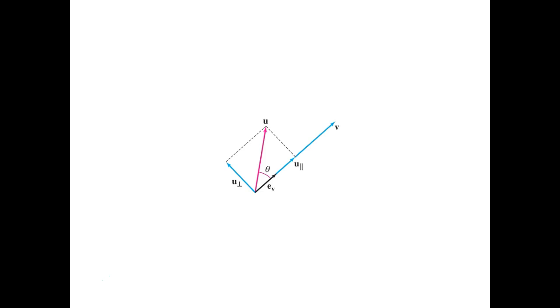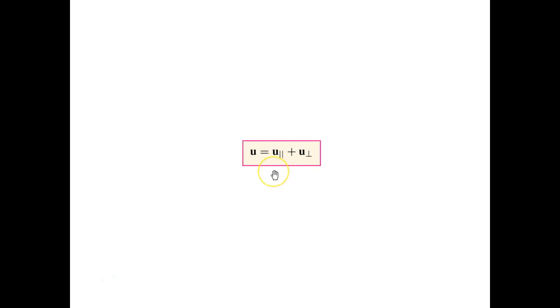So anytime you have two vectors U and V, vector U projected on V is the horizontal component of that, and U perpendicular is the vertical component of that. Okay. And that, of course, then yields, if you add the vertical component to the horizontal component, you get the vector itself.